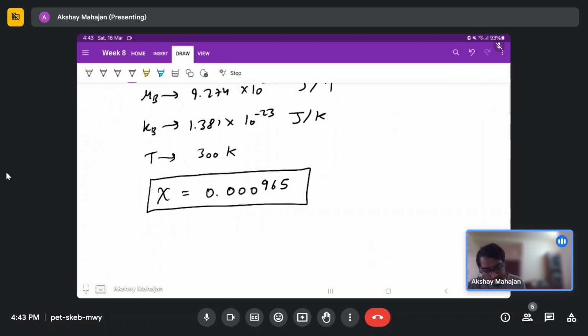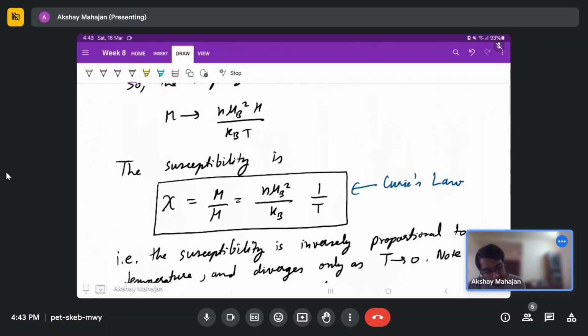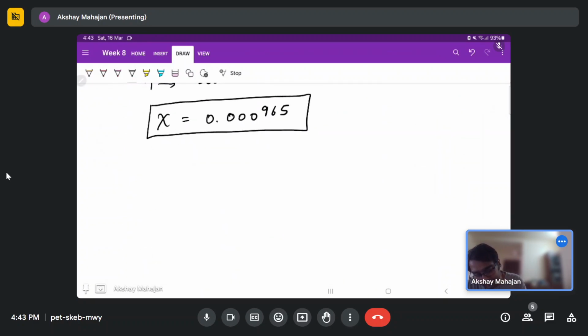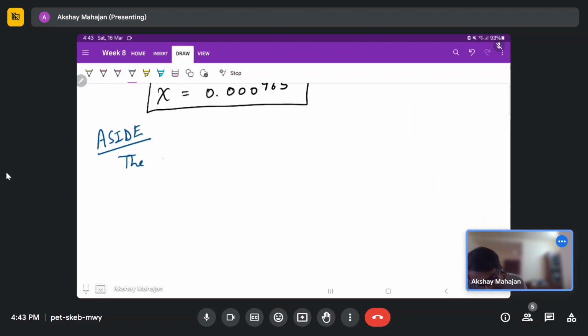Here we can see that this susceptibility is a positive value, and because it is inversely proportional to T, our system is paramagnetic. Just a small note about it: in this problem we have considered a 3D non-interacting spin system.